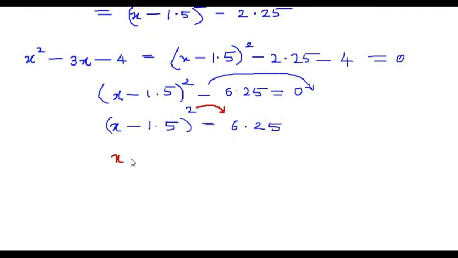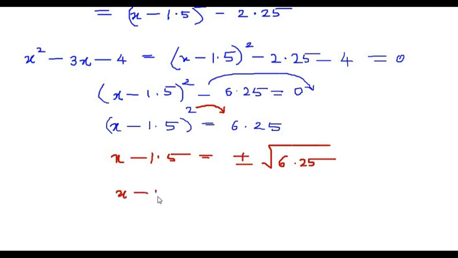So it becomes x minus 1.5 equals plus or minus the square root of 6.25. When the square shifts to the other side, it always becomes plus minus square root. Further simplifying, x minus 1.5 equals plus or minus the square root of 6.25, which is 2.5.